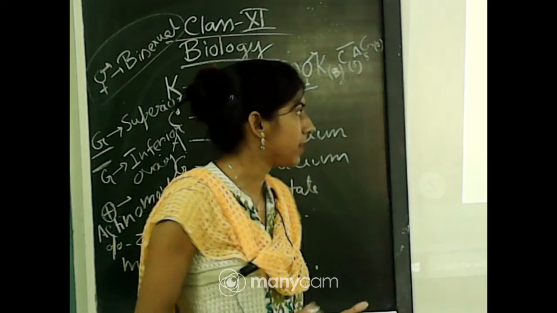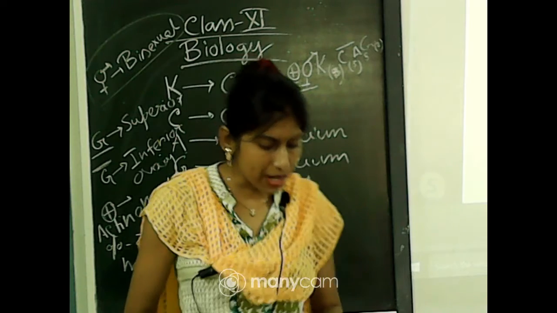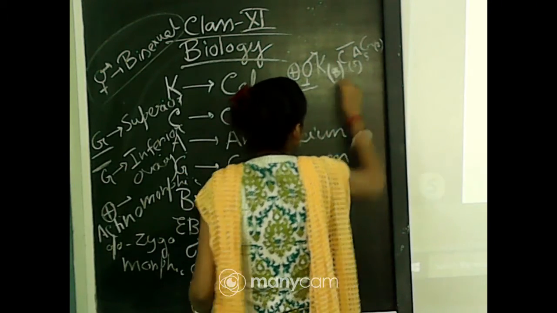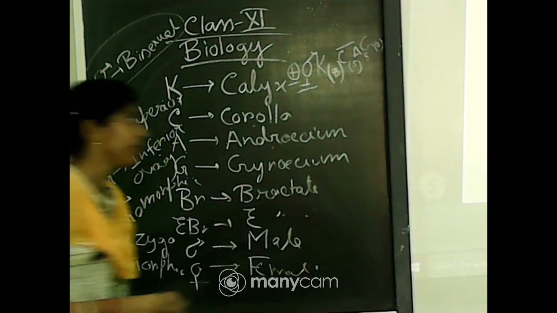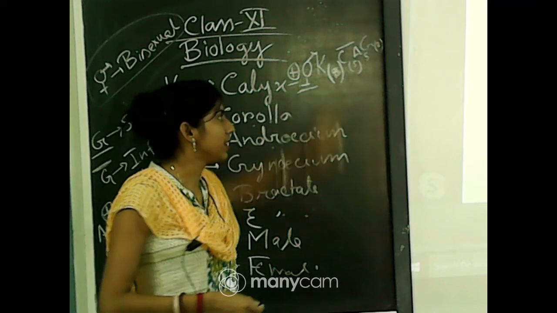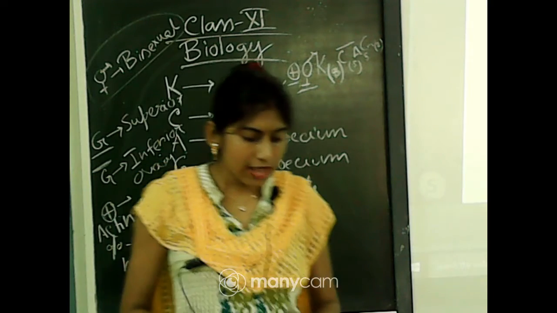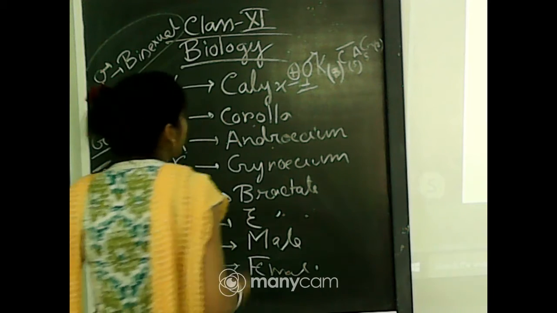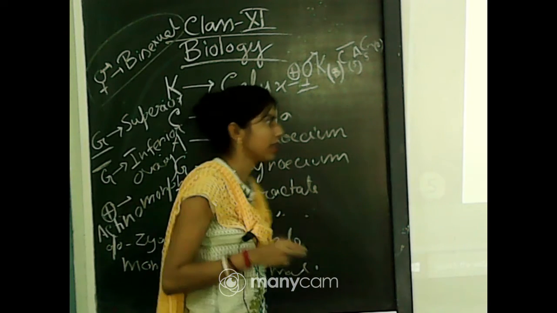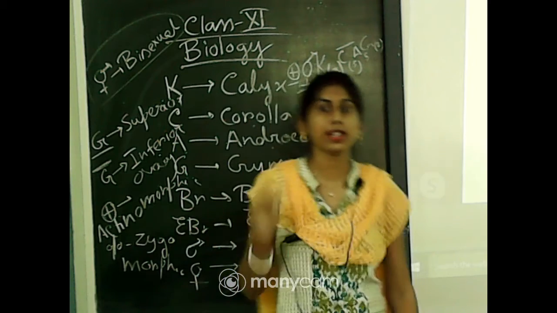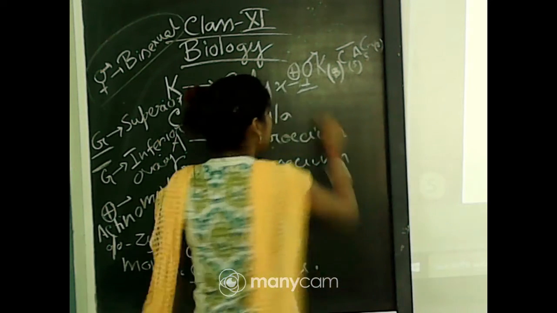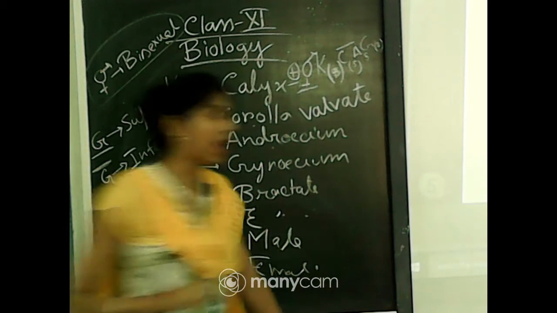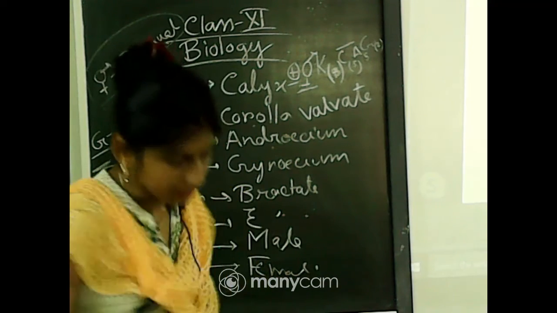The number of sepals is 5, and if this type of bracket is given, that means it is united. That means 5 united sepals, and they are showing valvate type of estivation. In my previous class, I also explained the estivation. So, they are showing valvate type of estivation. Okay.